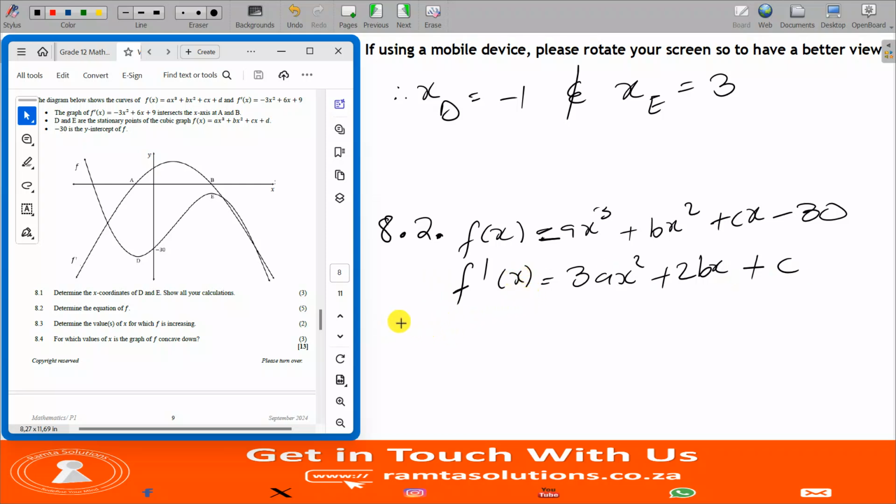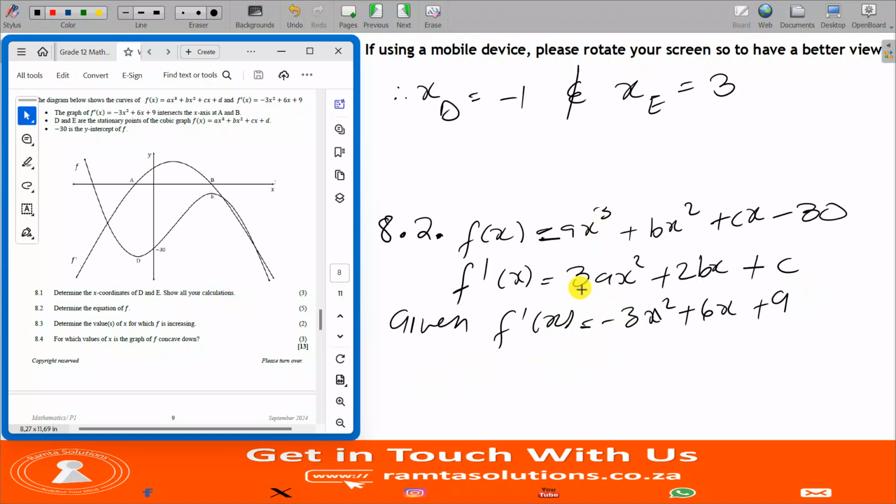Now we are given f prime of x is equal to negative 3x squared plus 6x plus 9. So what does this tell us?